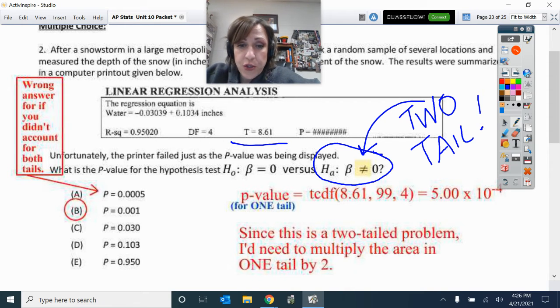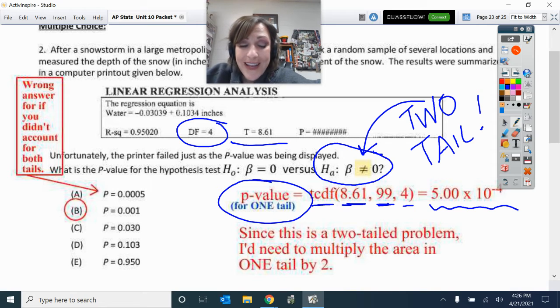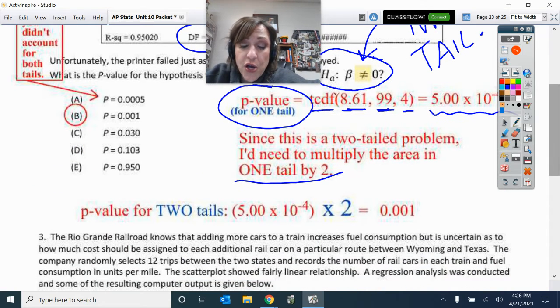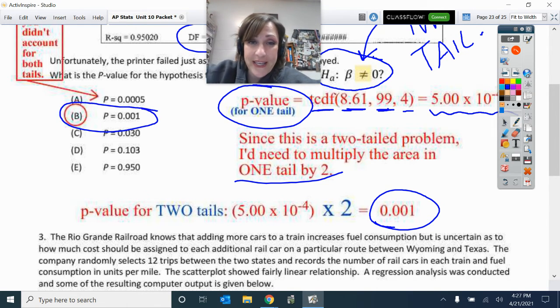So I am going to tcdf from 8.61 out to 99 with 4 degrees of freedom. That gives me this value right here, which is A. So answer choice A is the p-value for one tail. But because this is two tails, I need to multiply that by 2. When I multiply it by 2, I get 0.001, which is answer choice B.